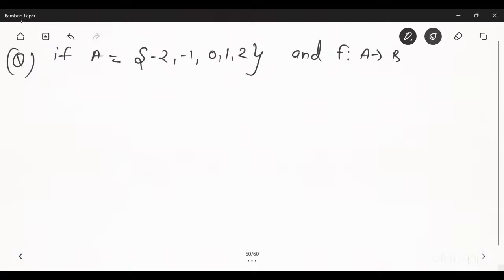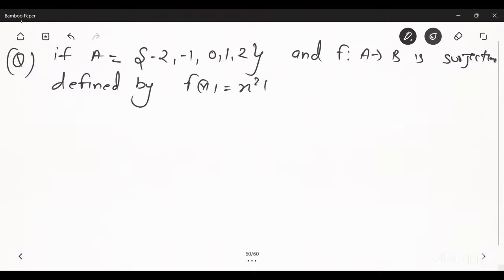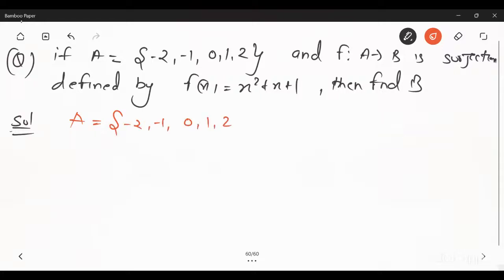Now the question is, if A equal to {minus 2, minus 1, 0, 1, 2} and f from A to B is a surjection defined by f(x) is equal to x square plus x plus 1, then find B. We know that A is equal to {minus 2, minus 1, 0, 1, 2}.